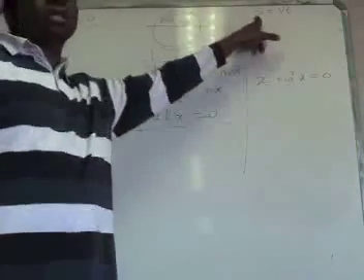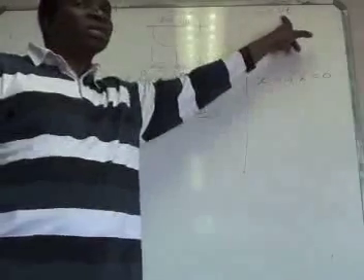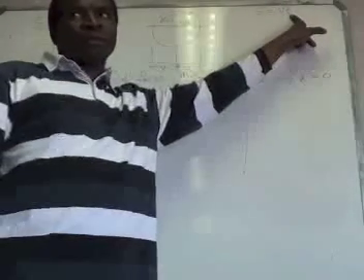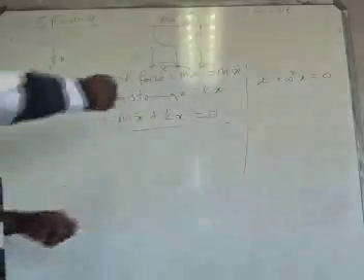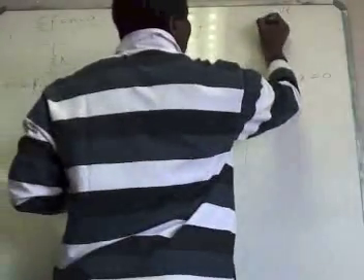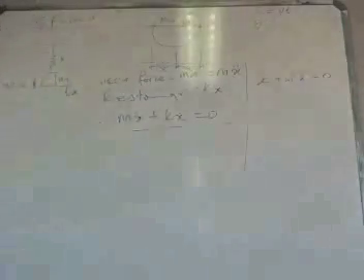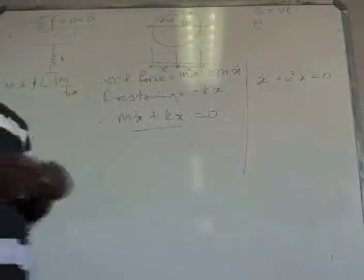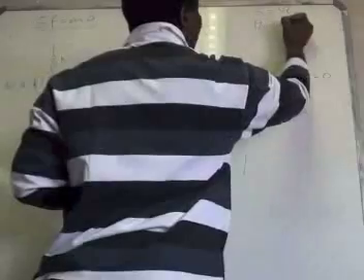Displacement or distance moved is equal to velocity times time. In rotational motion, when we talk of displacement, we talk of angular displacement, the angle moved. And this must be equal to angular velocity times time.